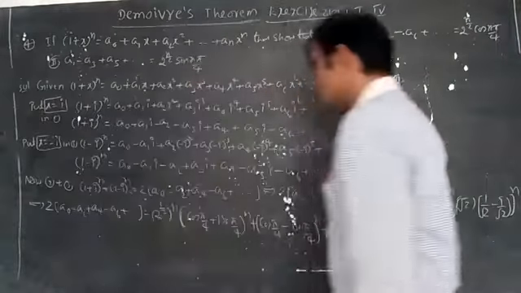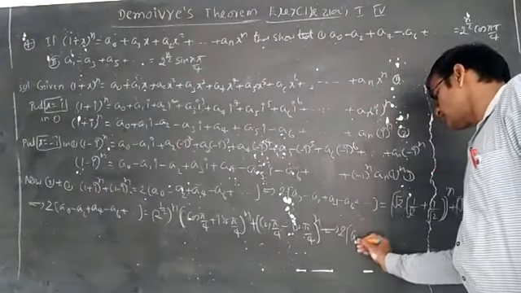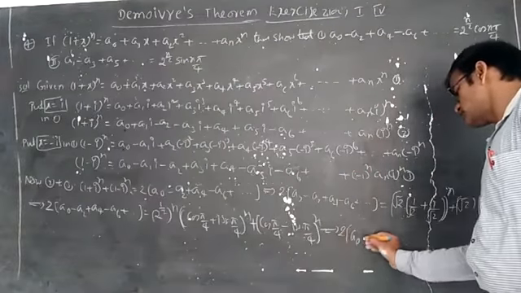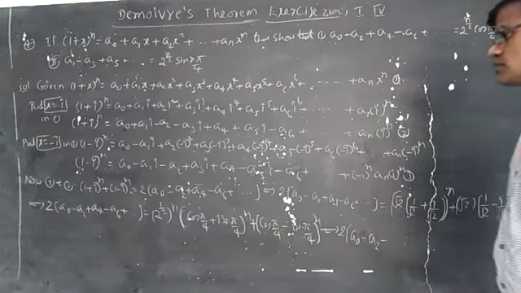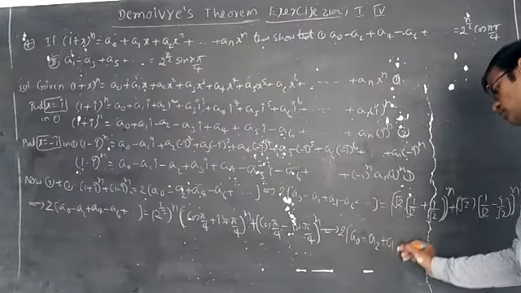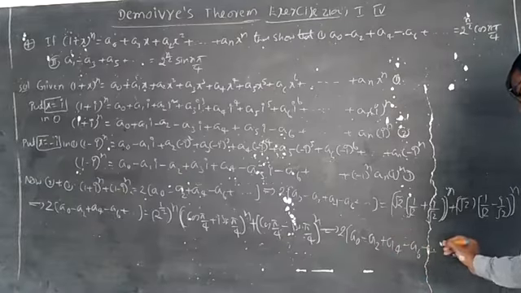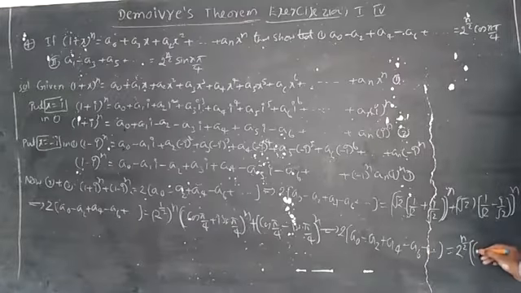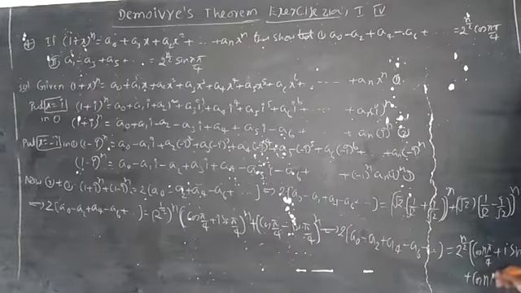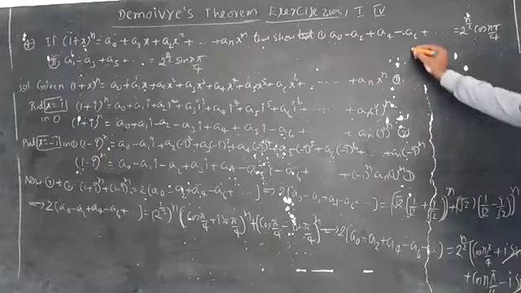That implies 2 into (a0 minus a2 plus a4 minus a6 plus so on) is equal to 2 power n by 2 into, according to De Moivre's theorem, cos n pi by 4 plus i sin n pi by 4 plus cos n pi by 4 minus i sin n pi by 4. So i sin n pi by 4 and minus i sin n pi by 4 get cancelled.